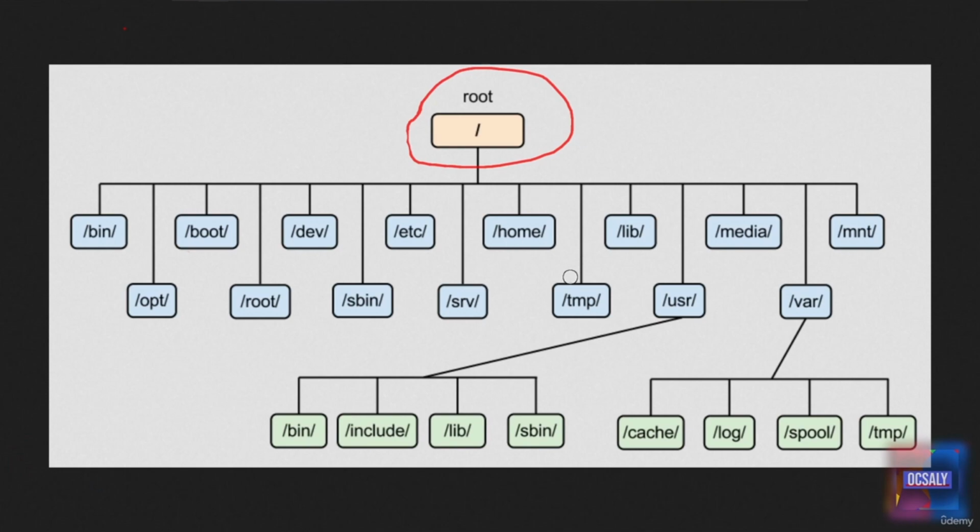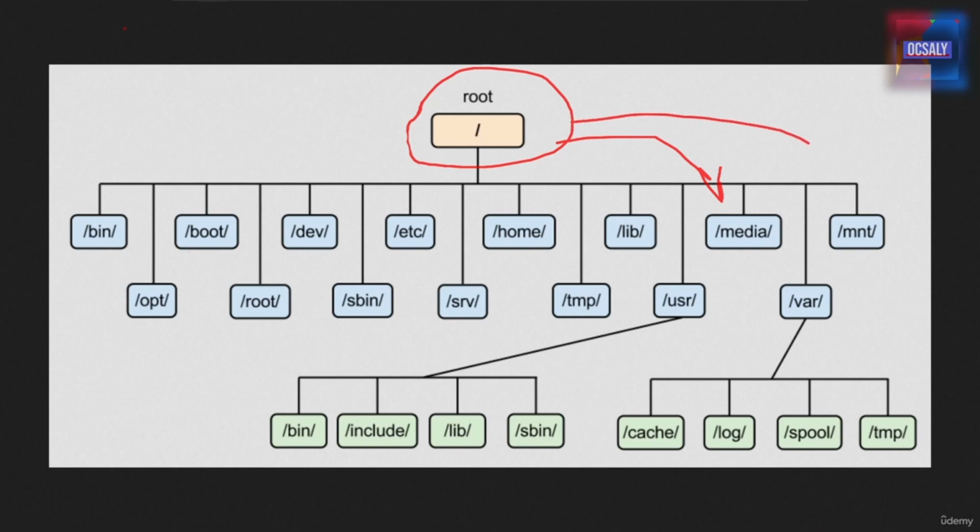We also have the media directory, a common place for mount points, used for removable media, for example USB drives, external SSDs, hard drives, and so on. We also have the mnt directory.